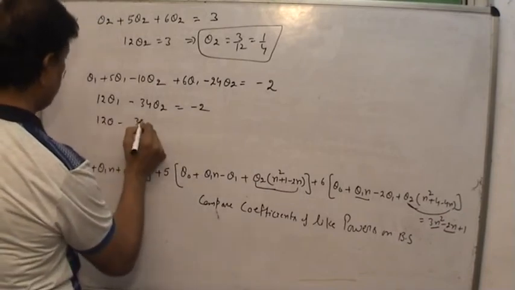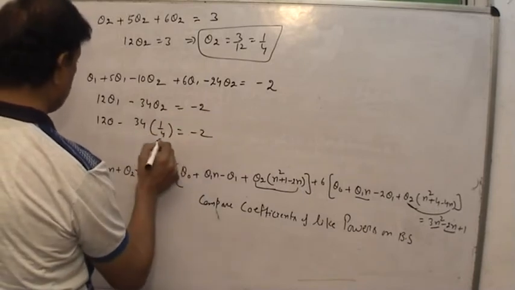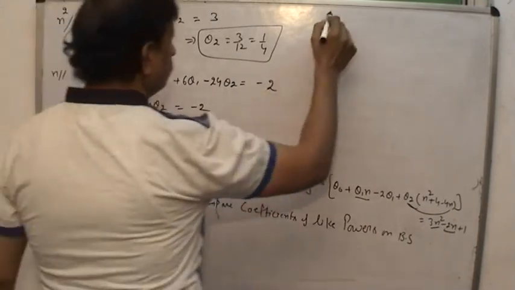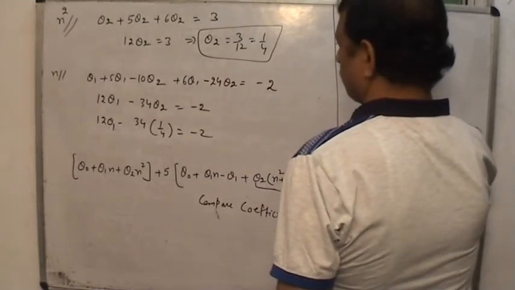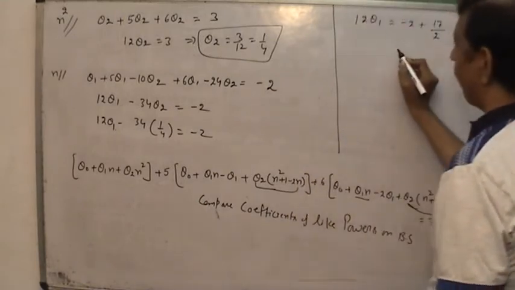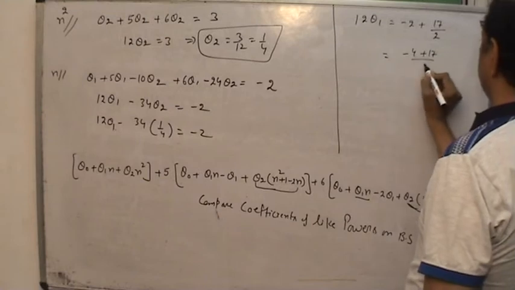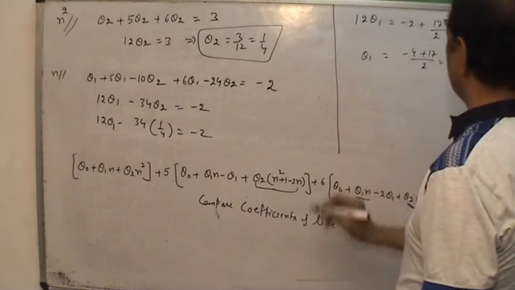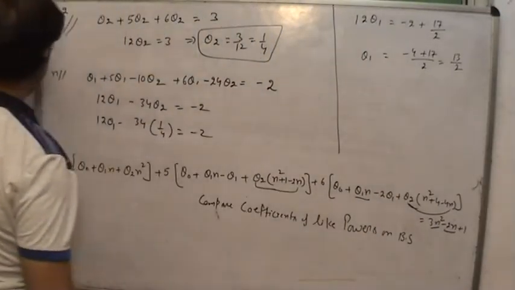Q2 is 1 by 4, so 12 Q1 minus 34 into 1 by 4 is equal to minus 2. That is 12 Q1 is equal to minus 2 plus 17 by 2, that is equal to 13 by 2. That is Q1.